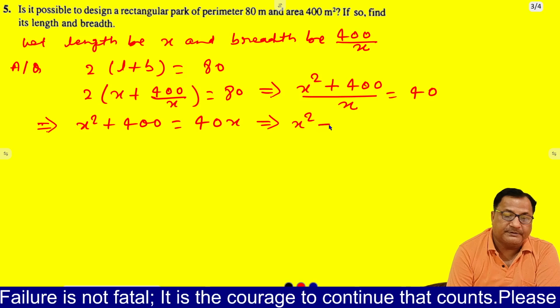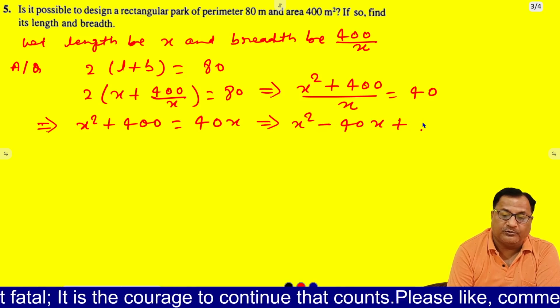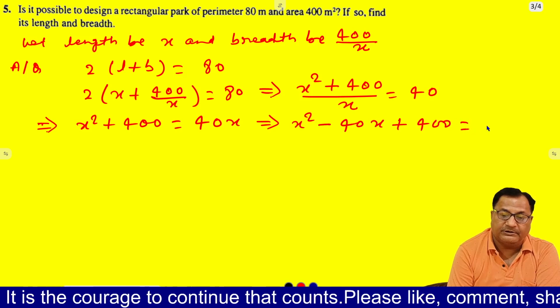Therefore x square minus 40x plus 400 is equal to 0.